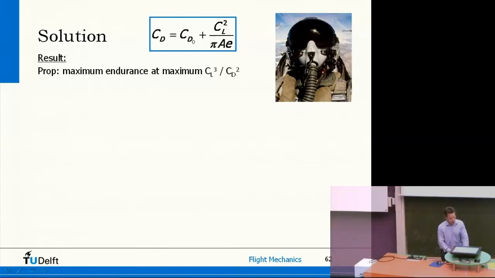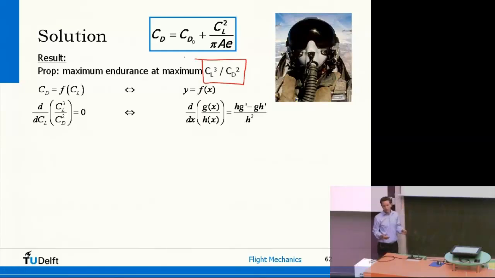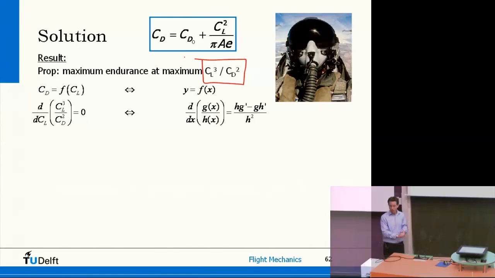Therefore, if you take the derivative of this ratio and set it equal to 0 to find the maximum, then you have to take the derivative with respect to CL, because that's the one variable in the equation. Now we have, again, the quotient rule over here, which means H in this case is CD squared and G is CL to the power 3.